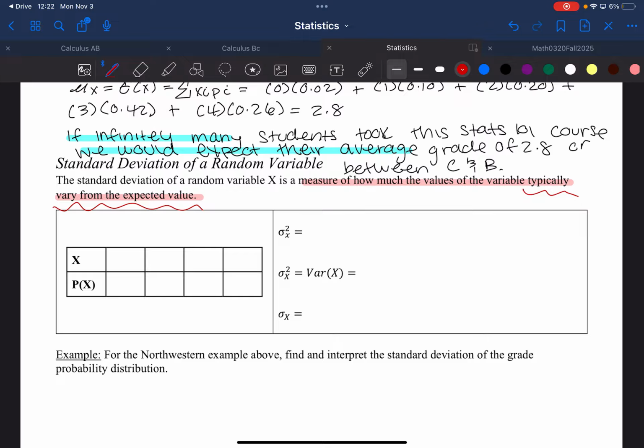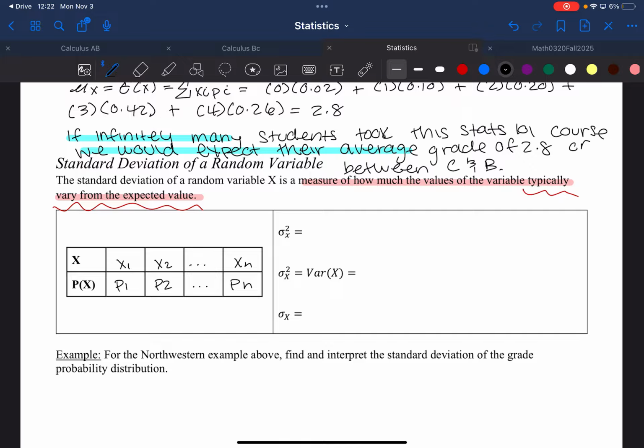Okay. So if we were, again, using our table, x would be x1, x2, all the way to xn. And then p of x would be p1, p2, all the way to pn. So in order to find standard deviation, remember we have to find variance first, because standard deviation is the square root of variance.